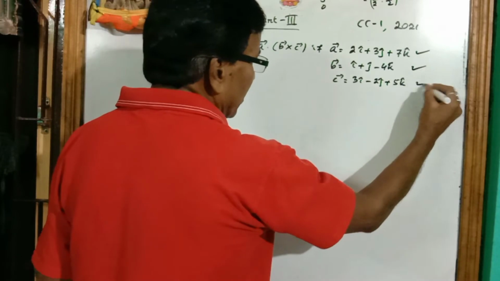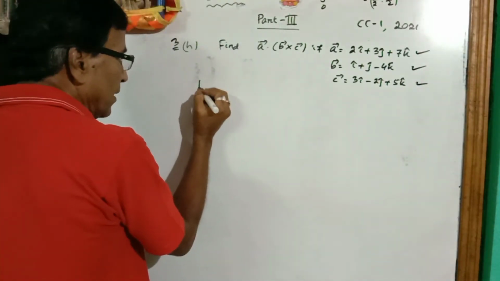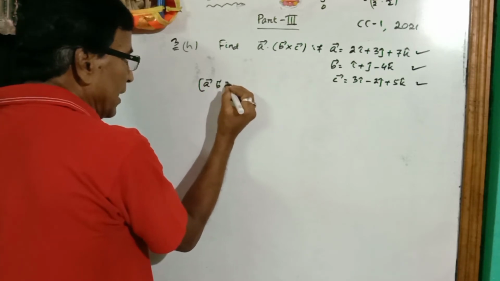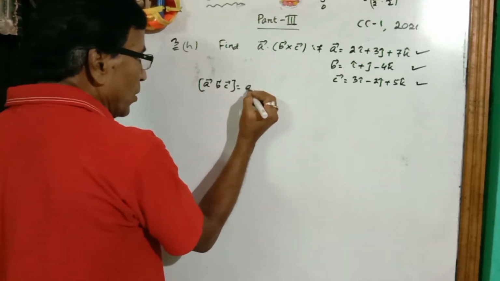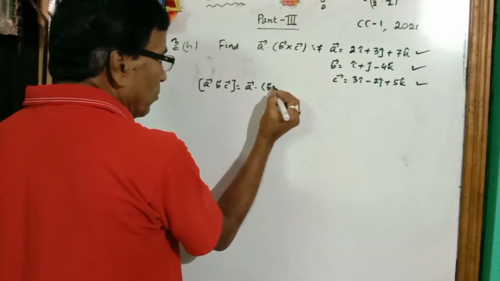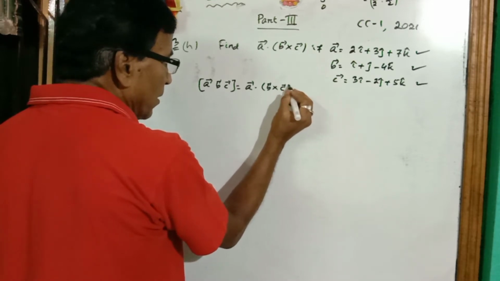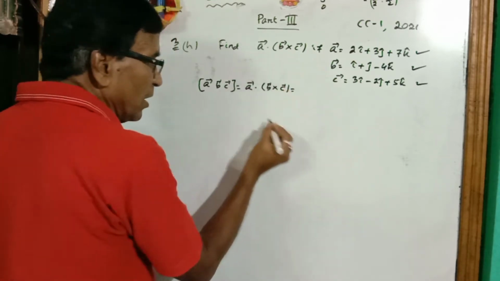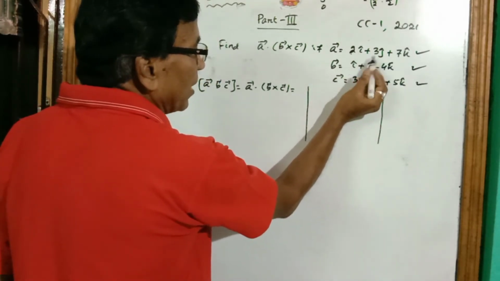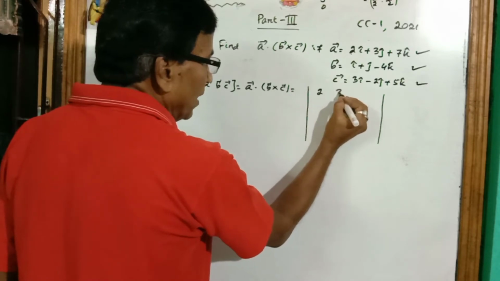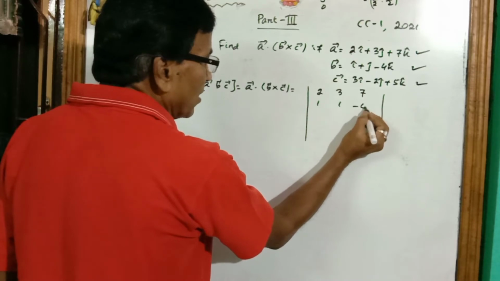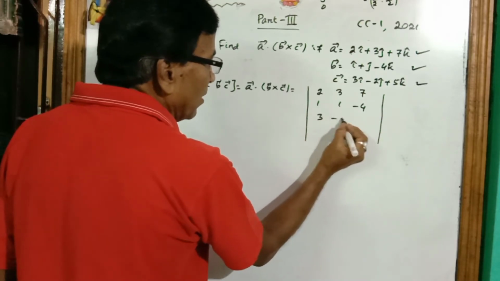Now we know that the bracket ABC, that is the scalar triple product A · (B × C), has a value equal to the determinant with rows 2, 3, 7; 1, 1, −4; and 3, −2, 5.